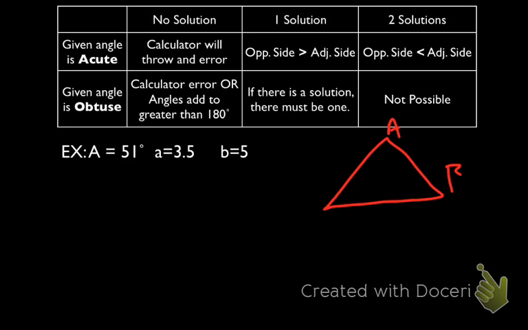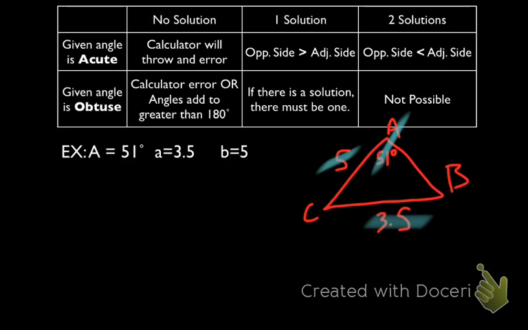A, B, C. And I'm given 51 degrees. And little a is 3.5, and b is 5. So it looks like I've got side angle.